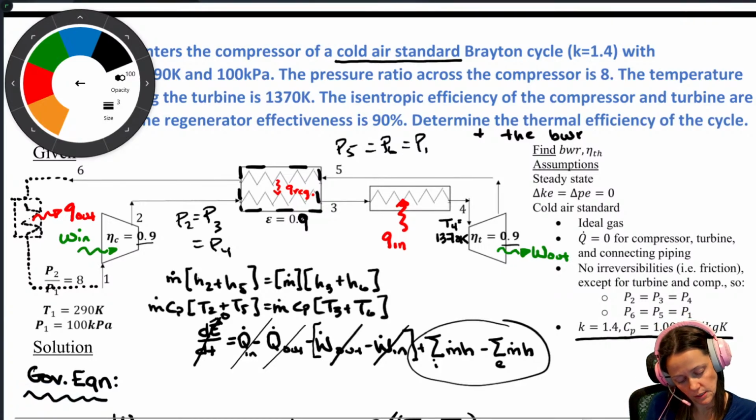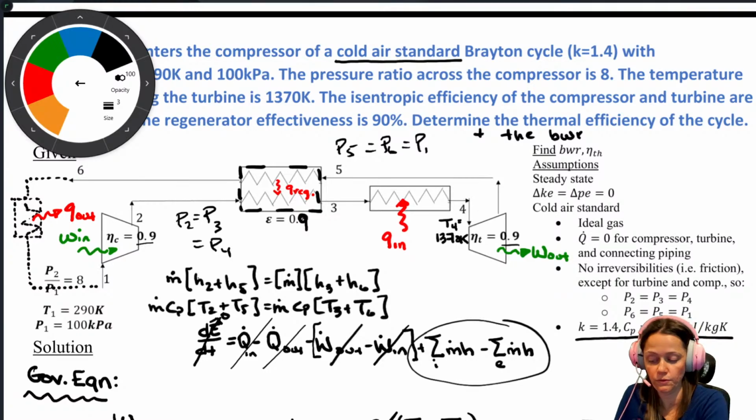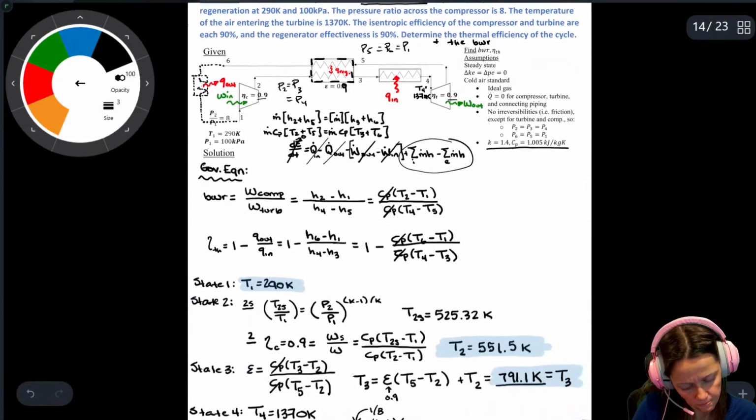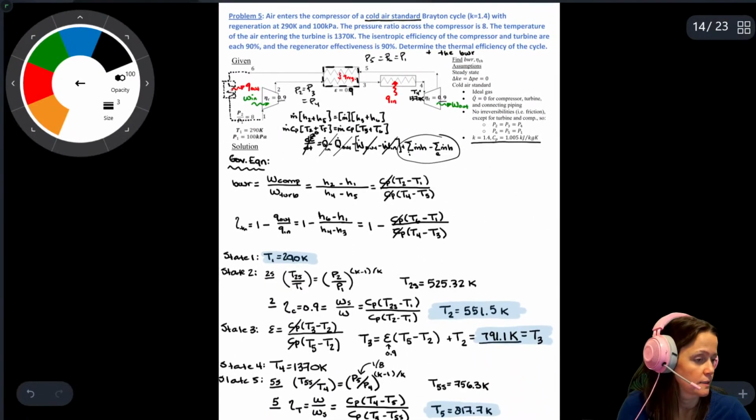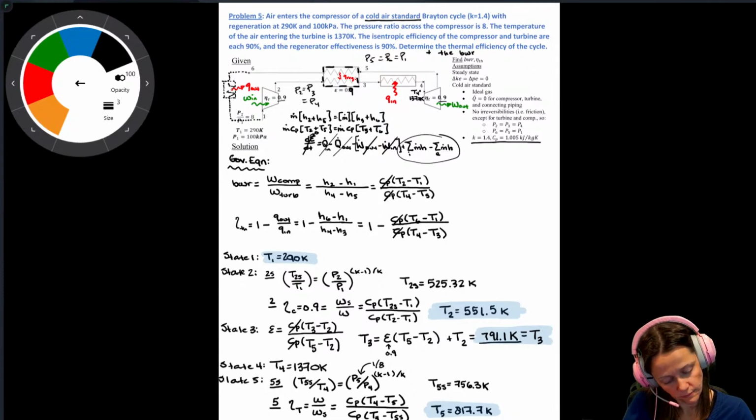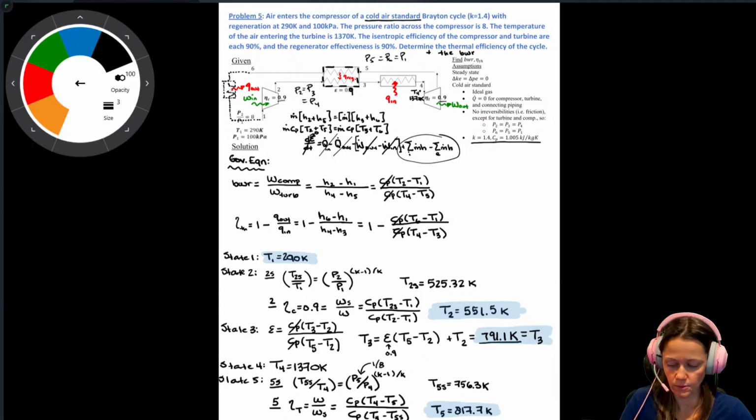Let's see what your T6 is going to be: T2 plus your T5, minus T3, sorry.